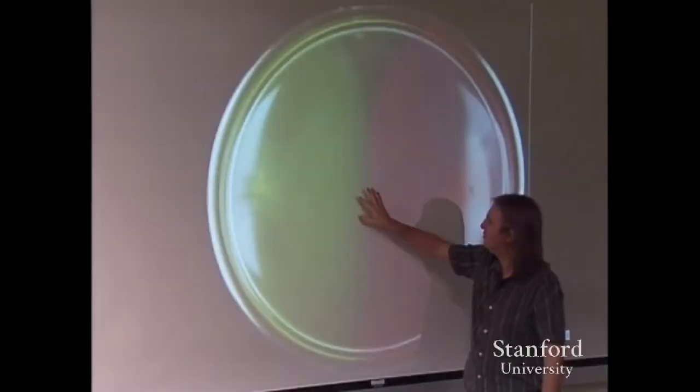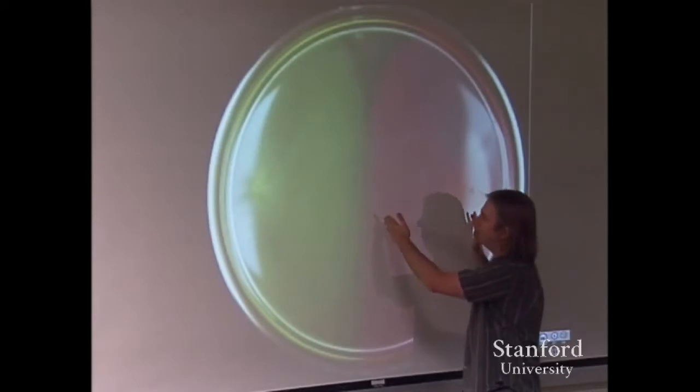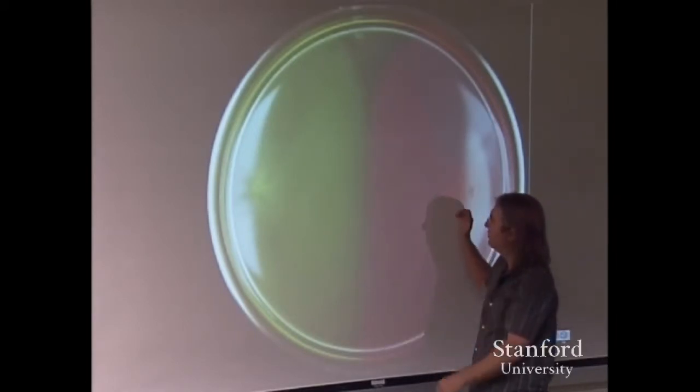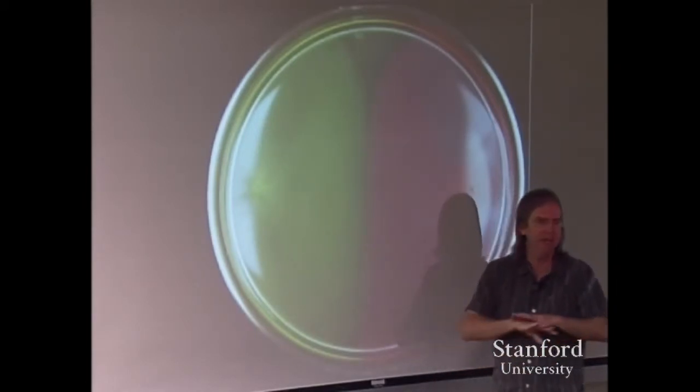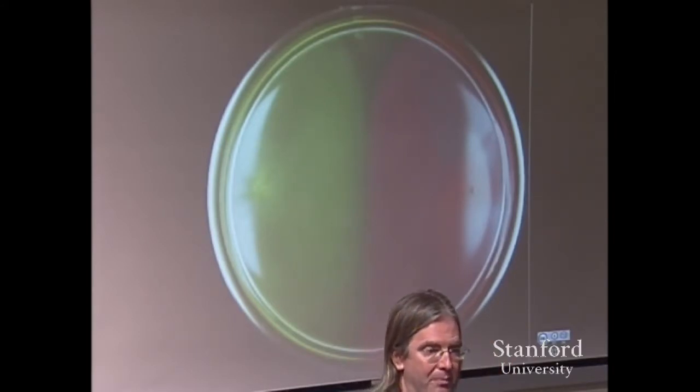Over a period of time, I think it's about 24 hours, they replicate but also swim into the fresh media, such that at the end of the growth experiment, the green cells have grown from west to east and vice versa with the red, and they meet in the middle, and at this point have depleted the plate of nutrients, primarily. But this is a pretty big gap for a cell that's a micron. This is a 7 centimeter gap being transited in a day or so.